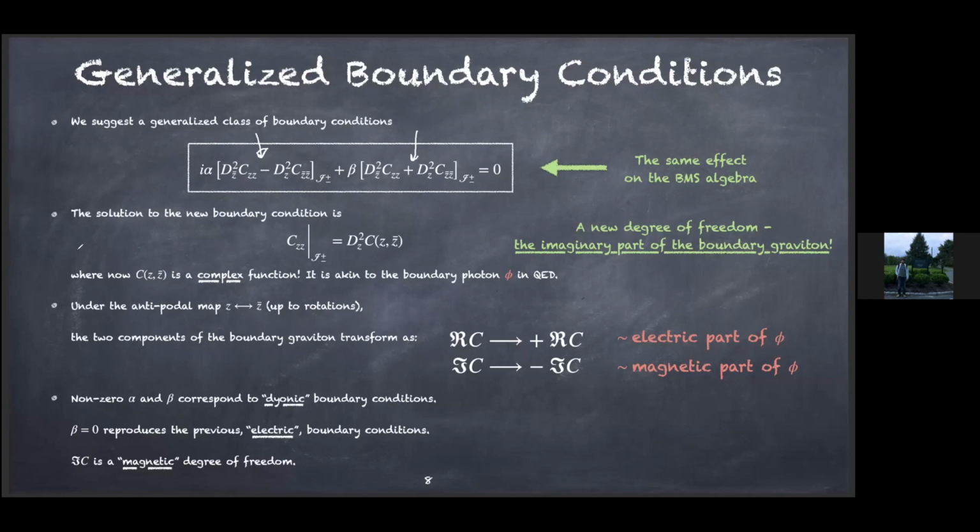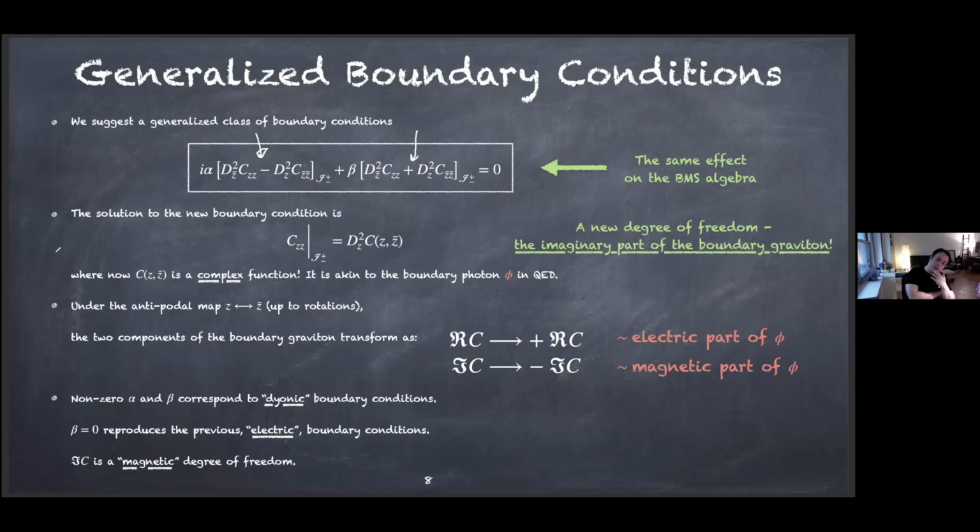Yes, but this is evaluated only at spatial infinity, right? Yeah, but even C_zz at spatial infinity without any constraints is a complex function with 2 degrees of freedom, C_zz and C_z̄z̄. Yes. And your function C is also a complex function which has 2 degrees of freedom. Yes. I'm trying to understand how this constraint is helping us. Is it reducing the degrees of freedom, or is it giving us some relationship between those?